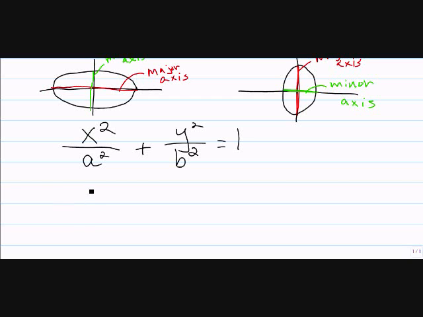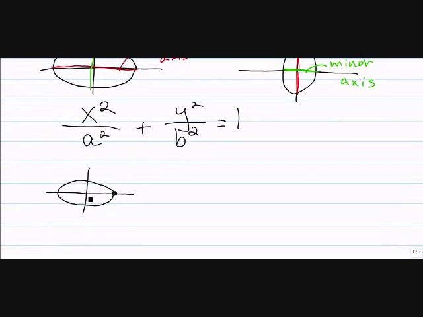So, let me draw this one again. If my major axis is along the horizontal axis, and this is taking me out to the point 3 and negative 3, and up to the point 2 and negative 2, the A is the length from the center out to this vertex, out to the horizontal vertex.